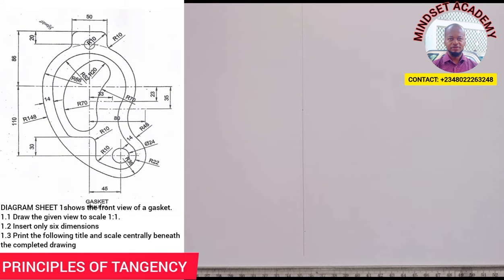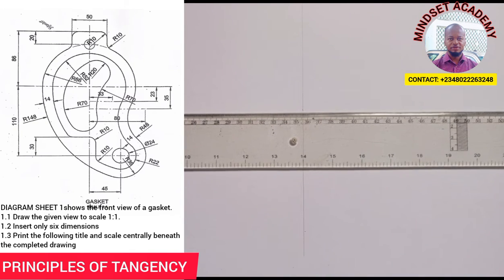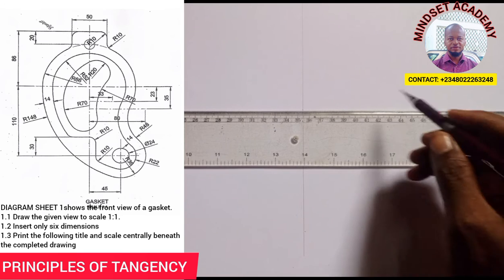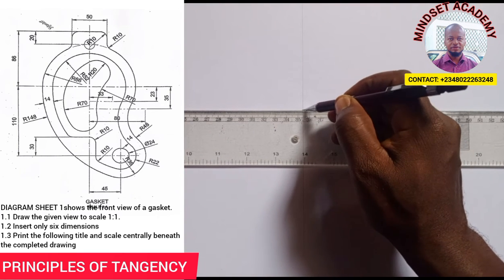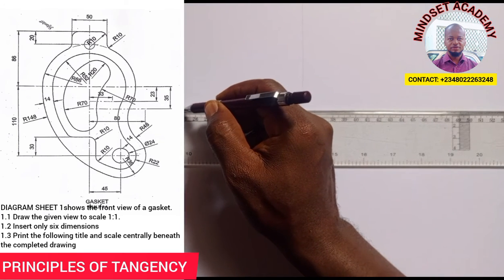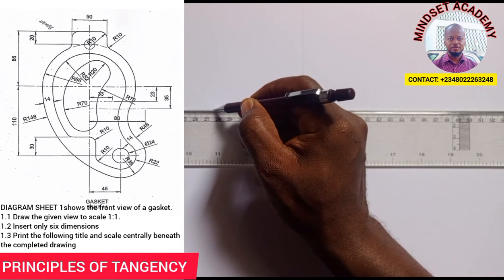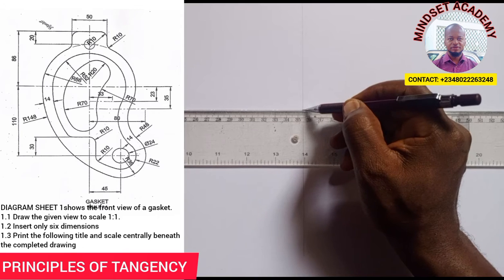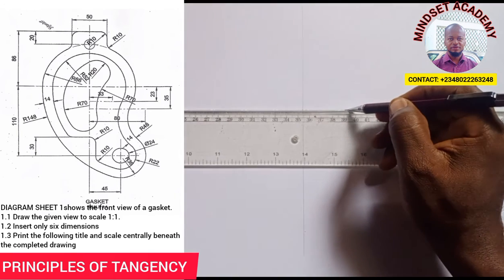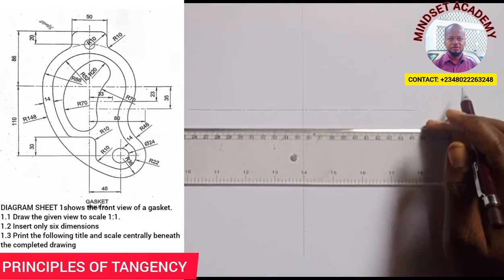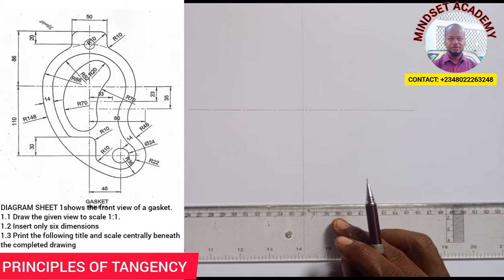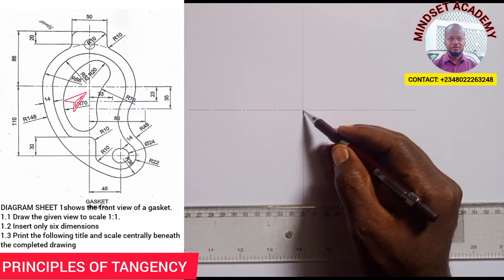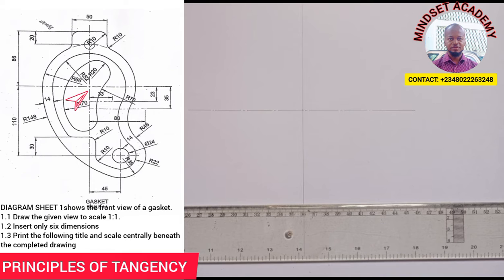And I'll also draw a horizontal line this way. It's meant to be a center line, so I'll prefer using a center line. That is, you use the long one, short, long, short, long, short, just that way. Or you can start with a faint line like this first. Now this is the center here. So we've gotten that center.